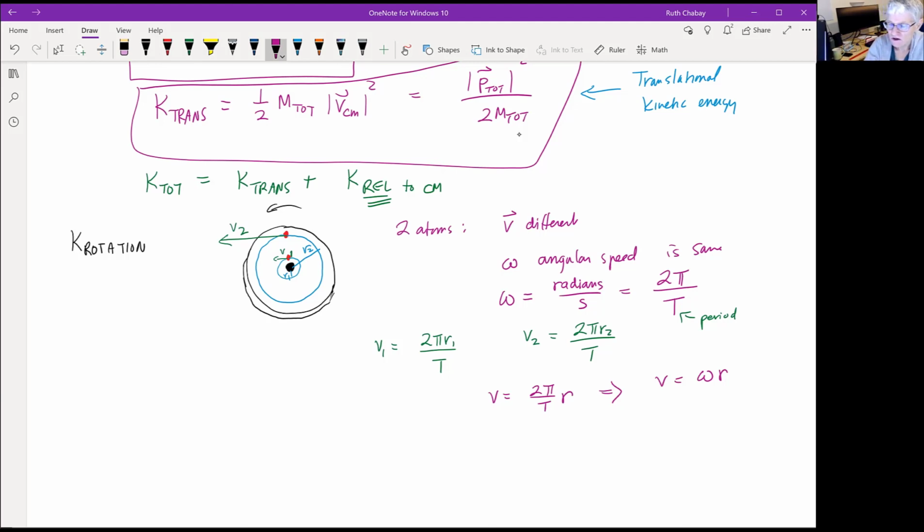It's important that r is the distance from the center to the atom, perpendicular to the axis of rotation.